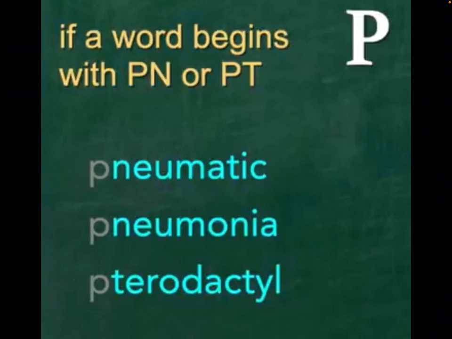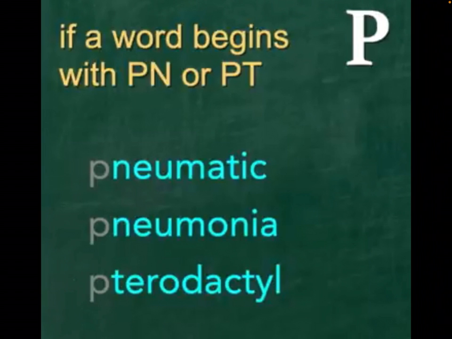We have pterodactyl. It's very hard, but pterodactyl. We do not pronounce the P here. And a pterodactyl is an extinct flying animal that lived at the same time as dinosaurs. So that's what it is.